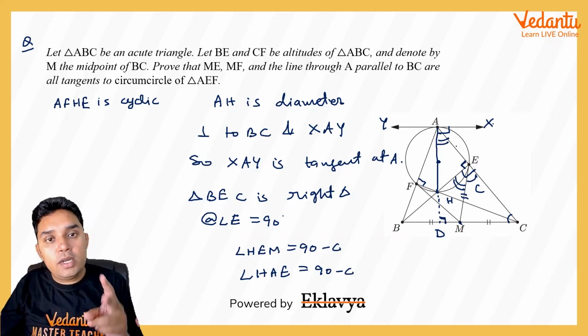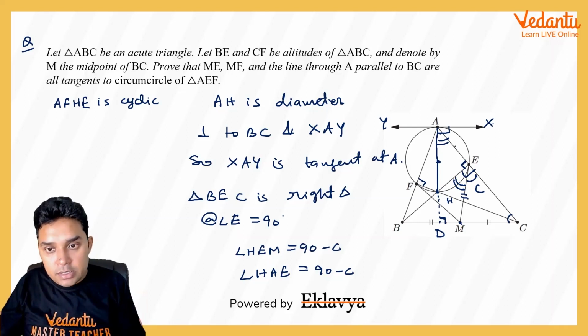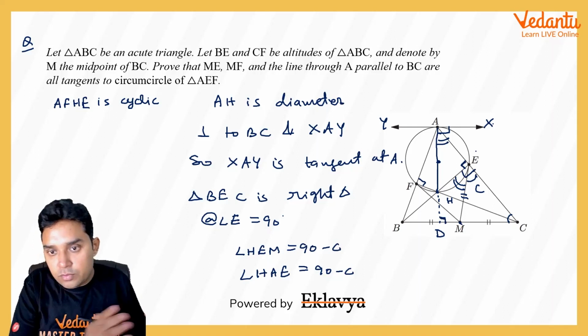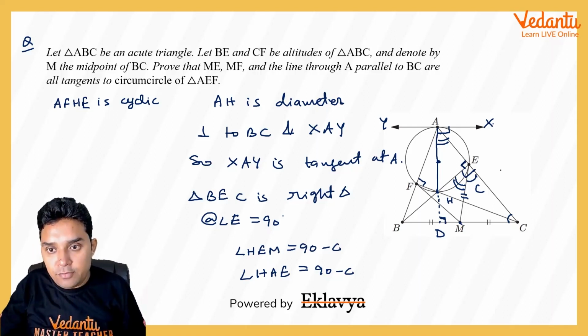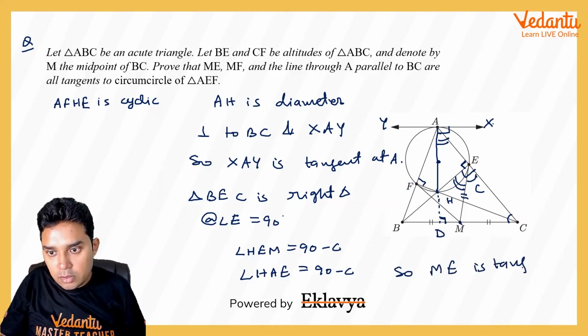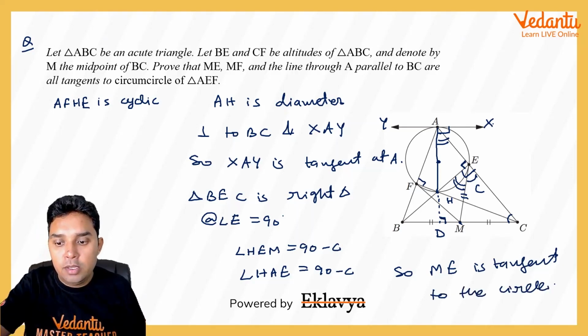So from the alternate segment theorem which we discussed just some time back in this session itself, ME has to be tangent to the circle. Let me just remind you, we did this theorem here.